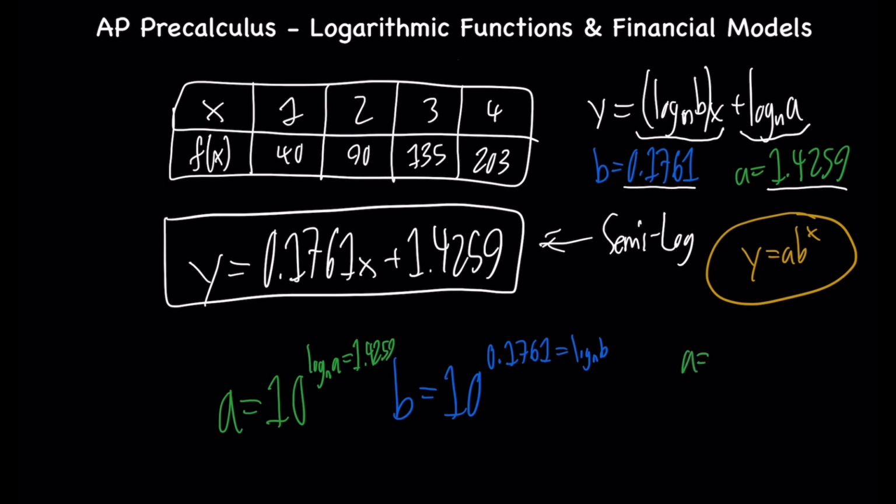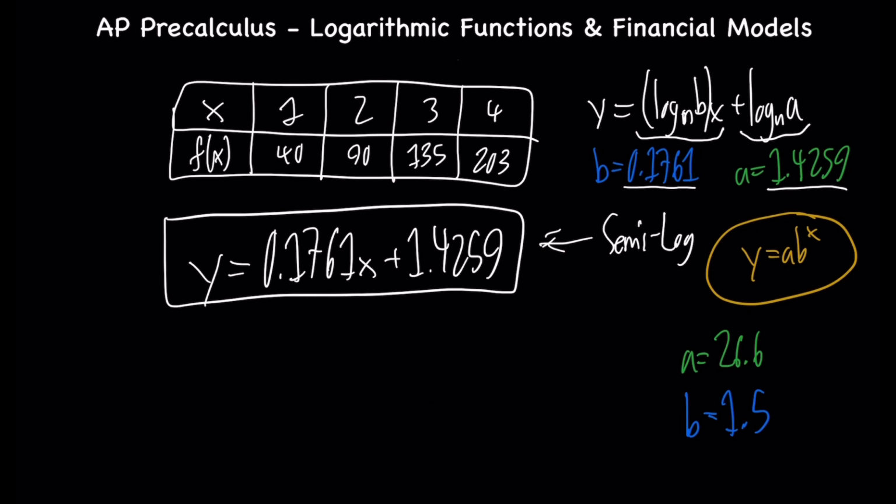When you do that, you're going to end up with your A value of 26.6, and then for your B value, you're going to have 1.5. And so in exponential form, you would have y equals 26.6 times 1.5 to the power of x.